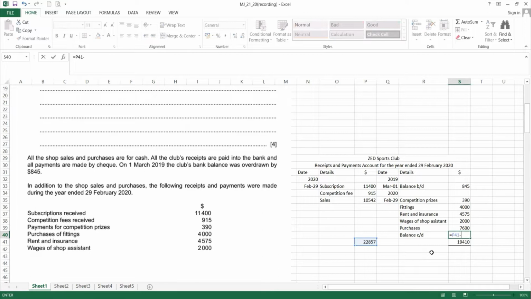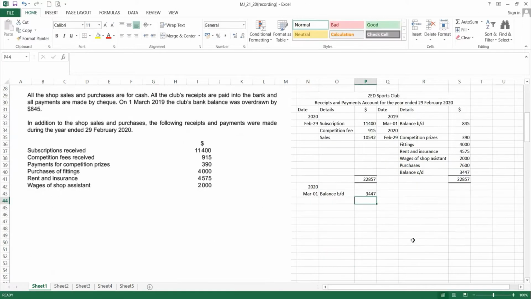So take this minus 19410. So this is the amount that we're going to bring down to here. 2020 March 1st balance brought down. Okay, so that is for the receipt and payment account.